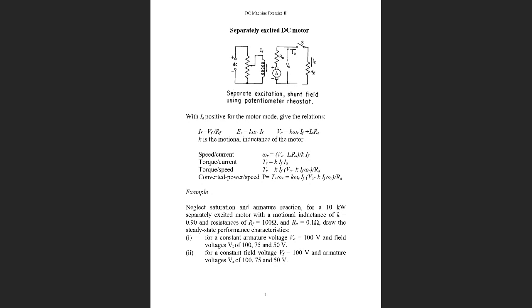From this circuit, we know the relationship for the field circuit: the field current, a DC current, is the effective field circuit voltage over the field circuit resistance. Here the resistance RF is the total effective resistance used to control the field currents, including the field coil's own resistance and the rheostat resistance.